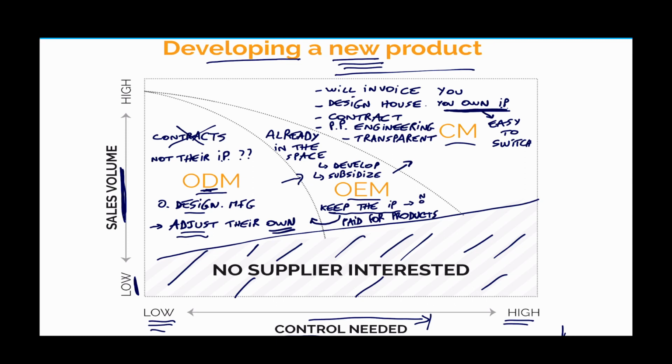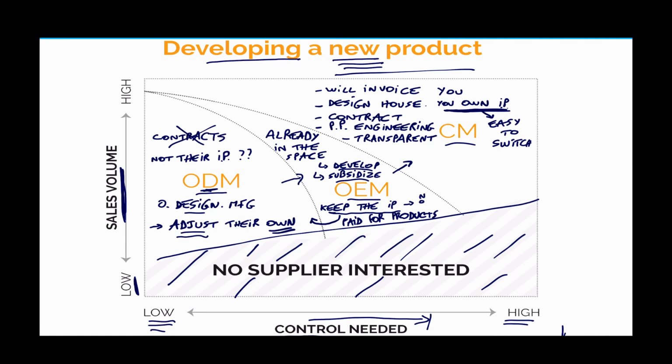You can have a company do the development from scratch, be a little bit like a partner and subsidize the engineering and the sourcing and so on. They might not charge you for that, but what they don't charge you for, they don't give you the deliverables for it. So in the end, they own the intellectual property, they control you, you don't have some of the pieces of the puzzle, you still depend on them.